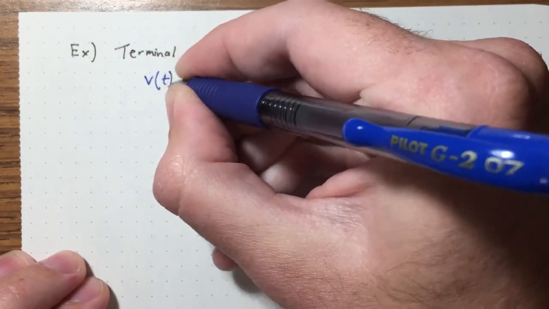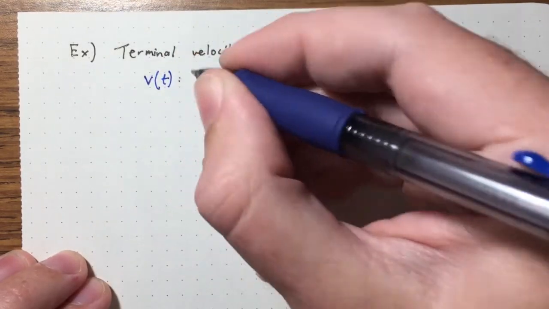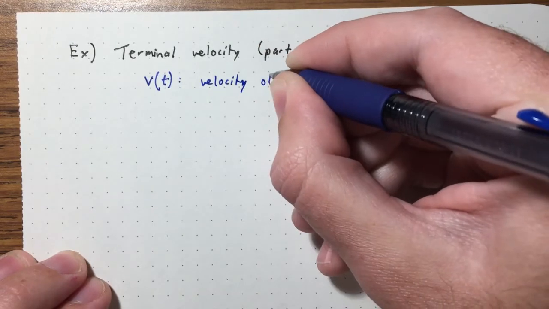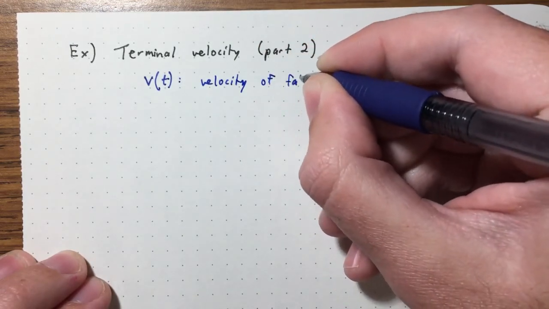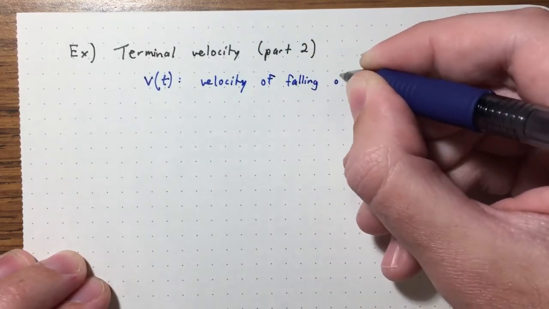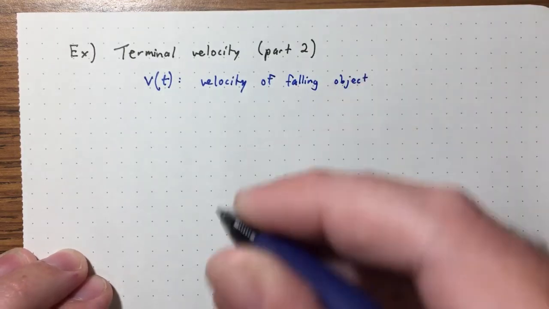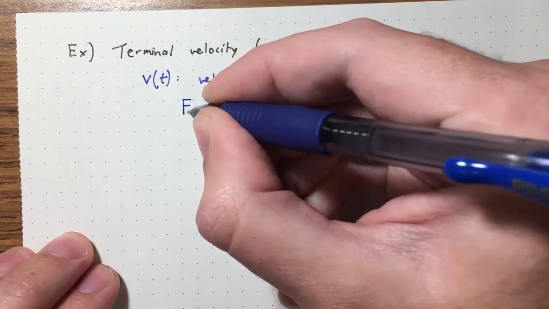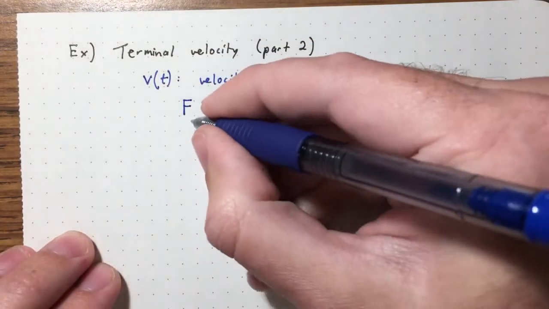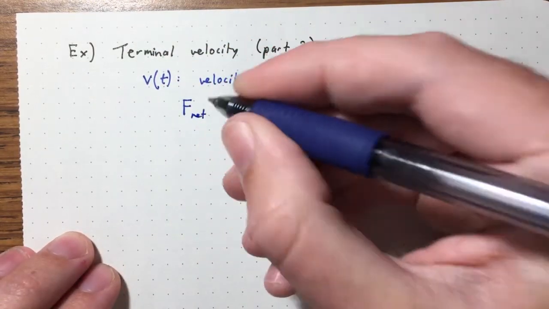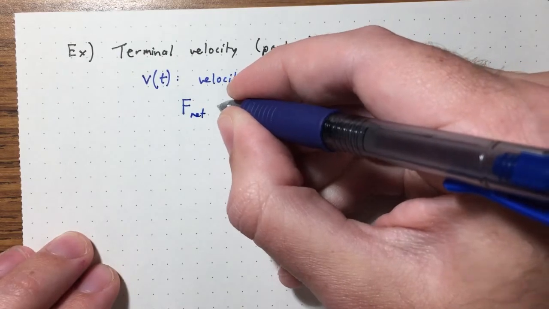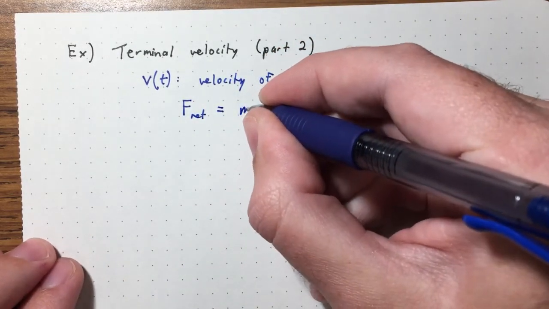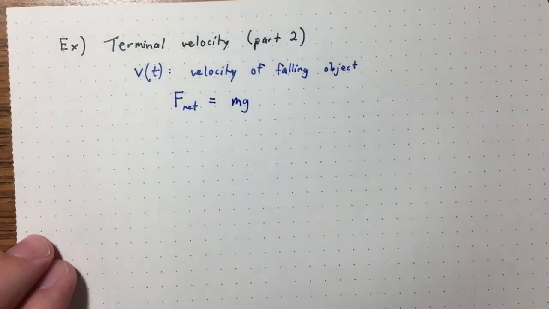So let's just recall what terminal velocity is. If v of t is the velocity of a falling object, what we did is we wrote down a differential equation that v is going to satisfy. How do we get a differential equation? Well, the net force was mg, the force due to gravity.